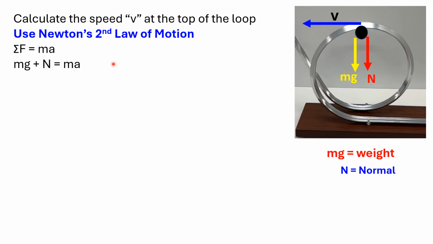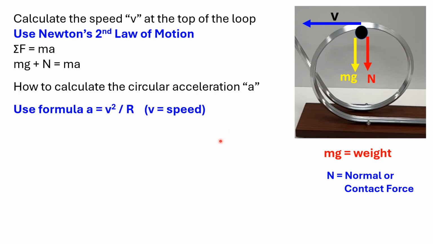By applying Newton's law equation, which states that the sum of all forces in the same orientation is equal to the product of the object mass and its acceleration. Now we add both forces, weight and normal, equal to ma. Now we need to pause this process to find the centripetal or circular acceleration.